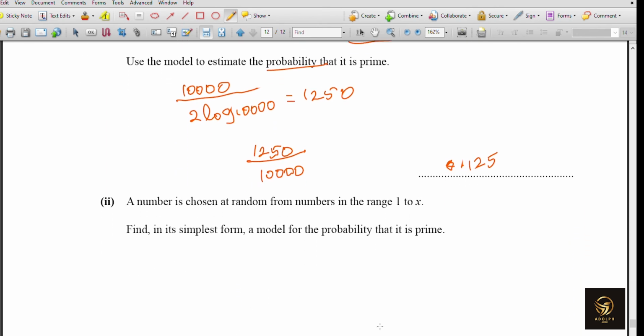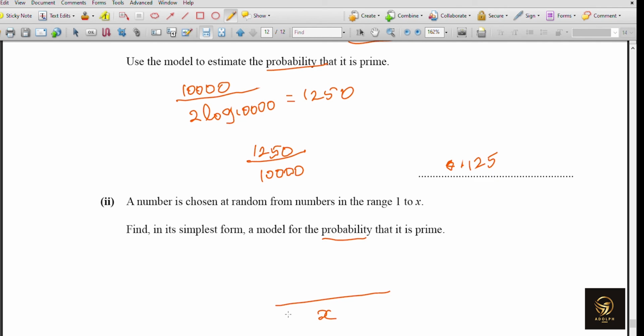Next, a number is chosen at random from the numbers in the range 1 to x. They did not give the maximum range. Find, in its simplest form, a model for the probability that it is prime. Like before, we have to generalize it here. For probability, the total value comes in the denominator, 1 to x, which means x is the denominator.